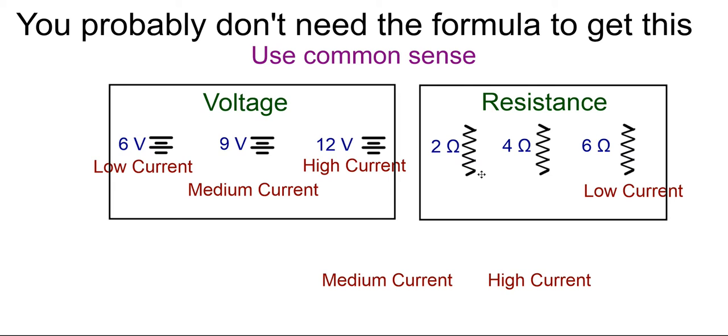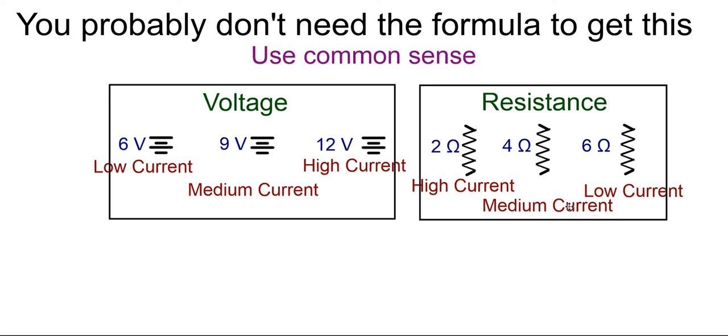There's less resistance here, so it'll be higher current there. And then, of course, this guy in the middle is medium current, isn't it? So again, it's not rocket science. More voltage, more current. Less voltage, less current. More resistance, that is more resistance to current, less current. Less resistance, more current.